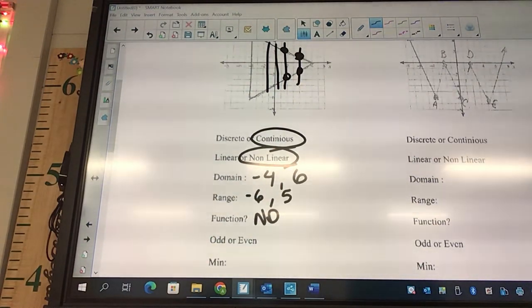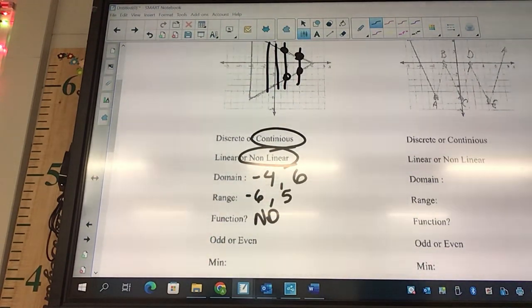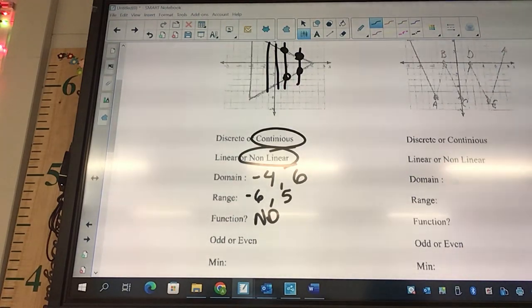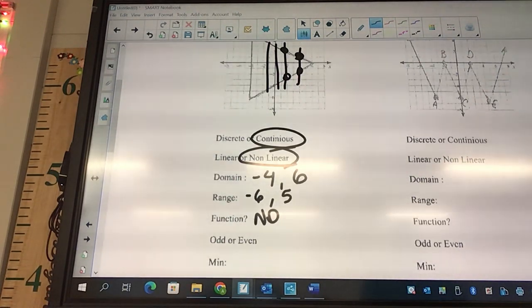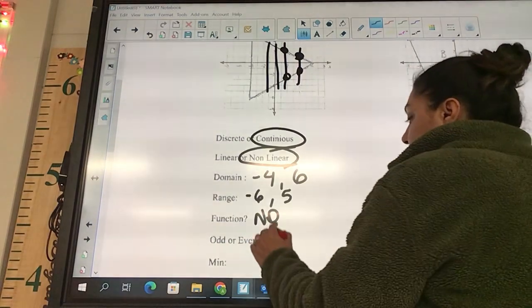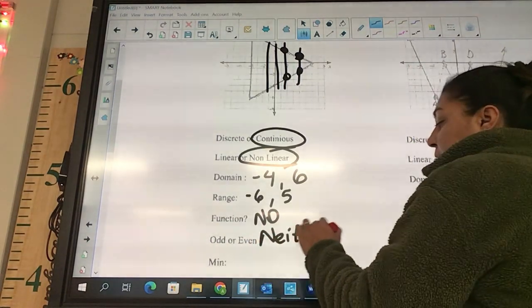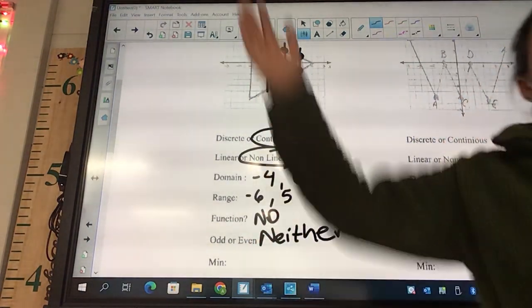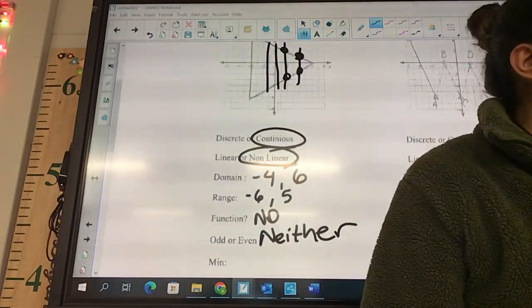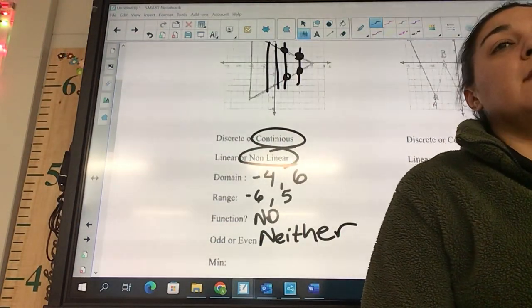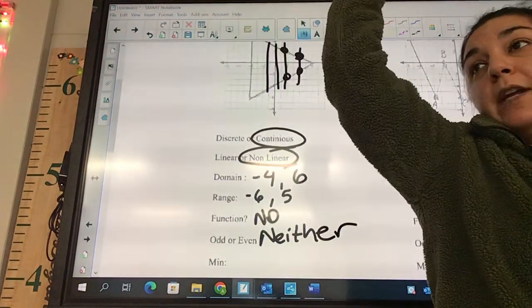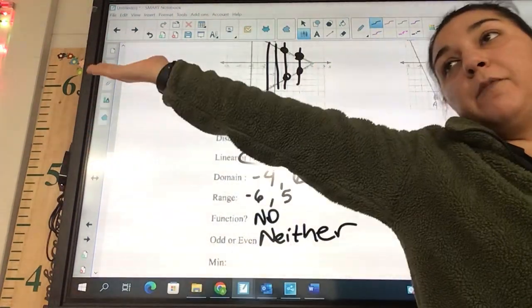Is this odd or even or neither? It's neither. Remember, odds either both go up or both go down. Evens go one up, one down, or one sideways the other way.